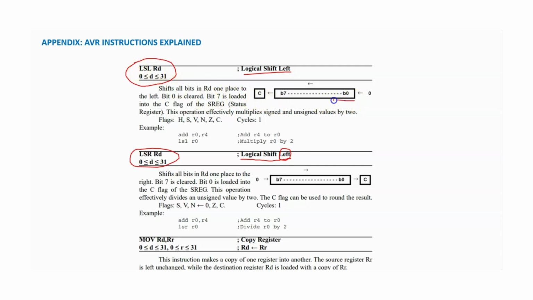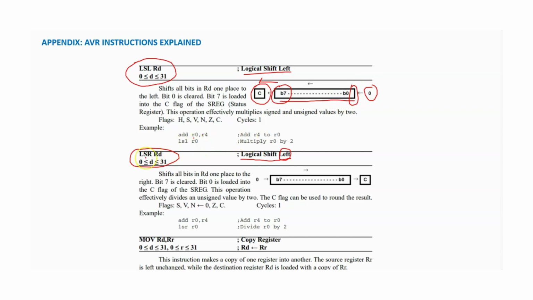That is, if there are 8 bits in our register, say register R0, then shifting left means the most significant bit, which is B7, is shifted left and saved in the carry flag or carry bit of the status register. This is an important point. All other bits are shifted likewise towards the left, and by doing so, the last bit, which is the least significant bit at the right side, will be vacant, so that is filled automatically with 0. This is also important, that 0 is put in the vacant position.